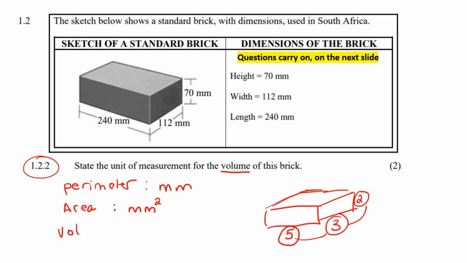So for volume, we multiply 3 things together, and so we use to the power of 3. So the units that we would use would be millimeters, because they want us to use millimeters, and then to the power of 3. Instead of saying millimeter 3, you could have also said cubic millimeter. You can also say cubic millimeter, because when it's a 3, it means cubic.